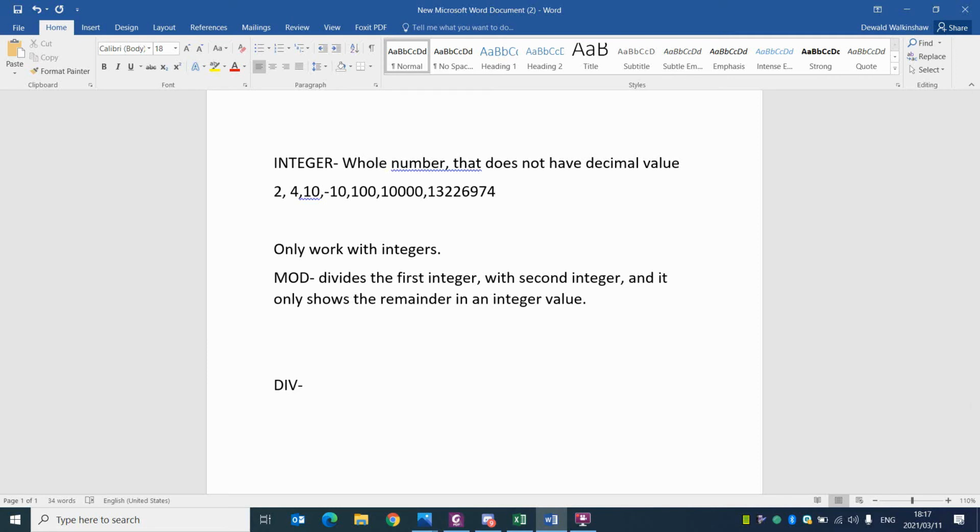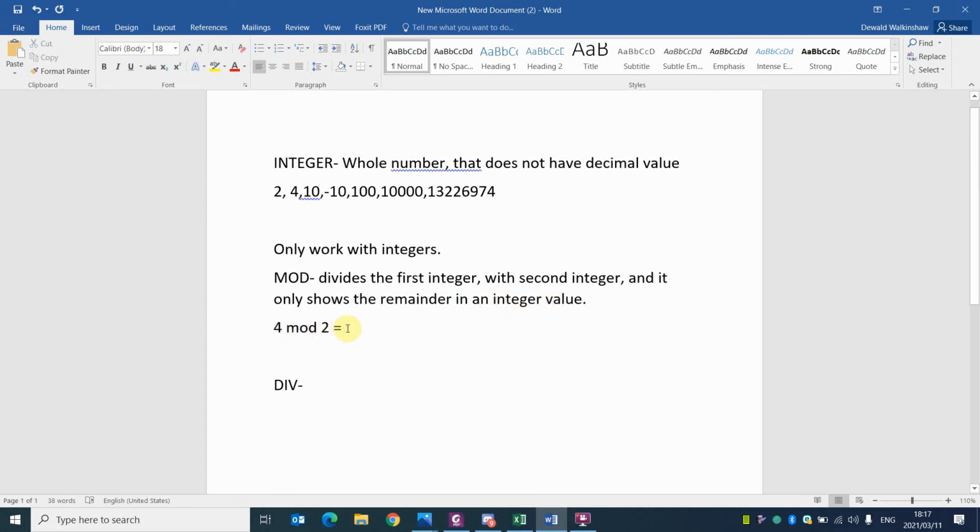So for instance, if we have 2 mod 4, no, let's have 4 mod 2. What would the answer here be? The rule says divide the first integer, so 4, with the second integer, so that actually means 4 divided by 2, and it only shows the remainder in an integer value.